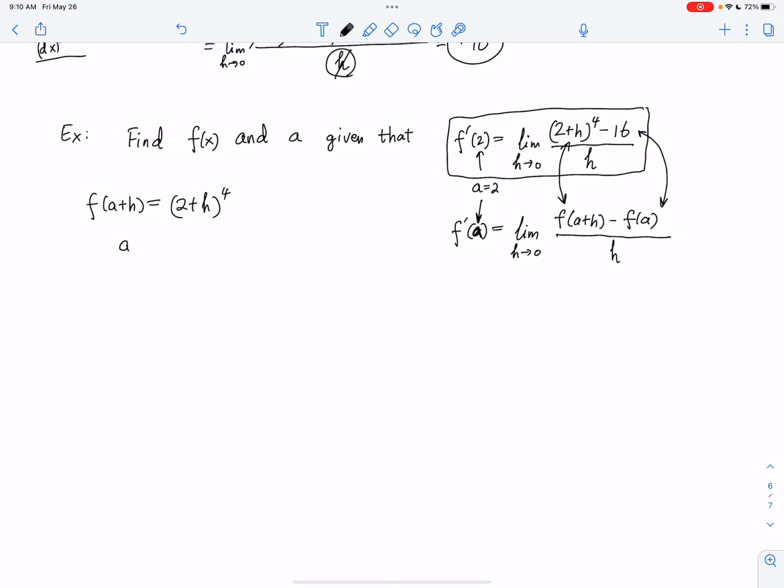And a is equal to 2. So what you have here is essentially a plus h to the 4th. So that means for this input, I simply raise this input to power 4. Right? So the function should be x to the 4th. All right?